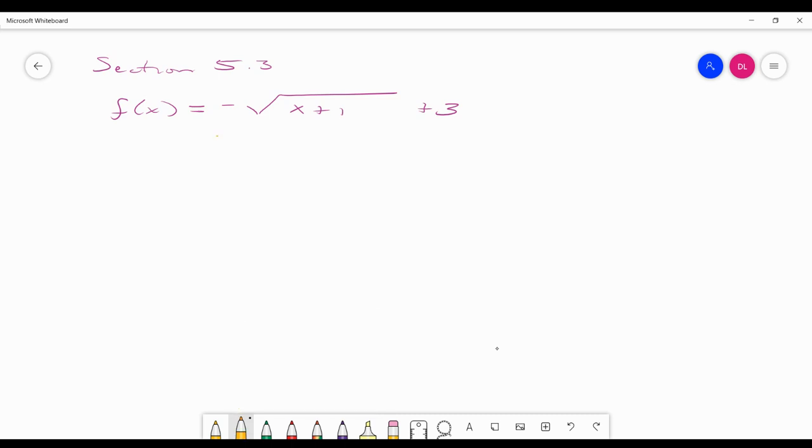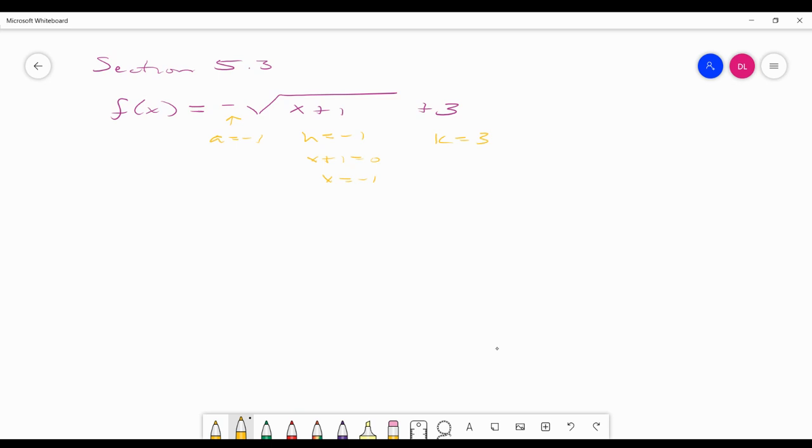We've got our a. It's equal to negative 1. That's this one right there. We've got our h, which is equal to negative 1. And don't forget, we got that by x plus 1 equals 0, and then x equals negative 1. So that's my h. And we have my k, which is equal to 3.